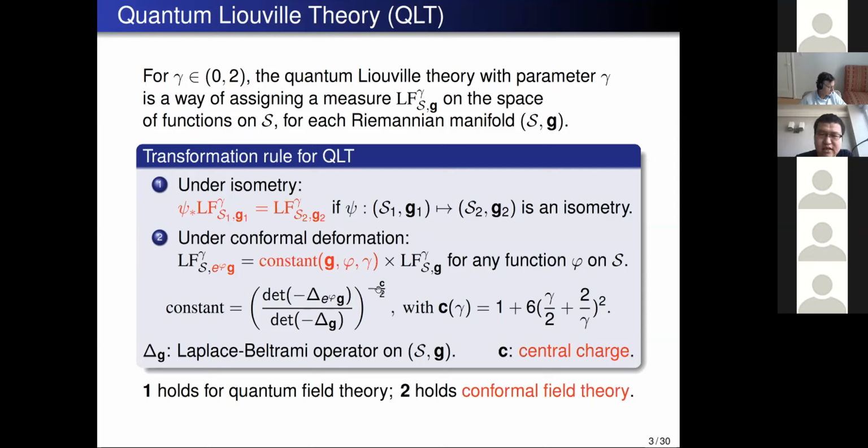This exponent C here is related to the parameter gamma as follows, and this is called the central charge. The first property of this measure is satisfied by every quantum field theory, and the second one is satisfied by every conformal field theory. This number C is generally called the central charge of the conformal field theory.